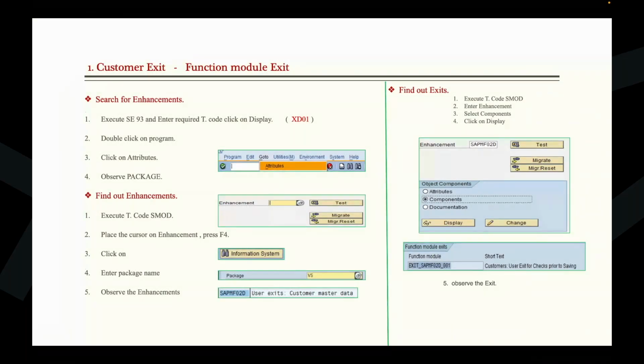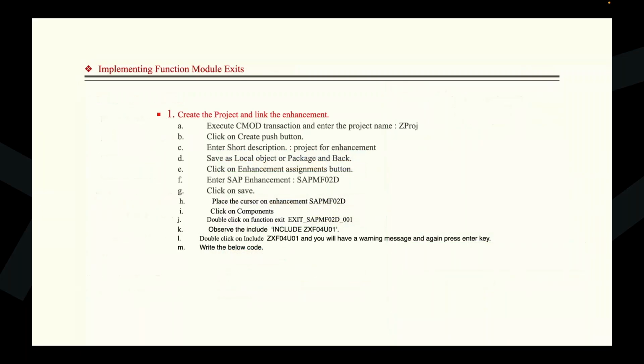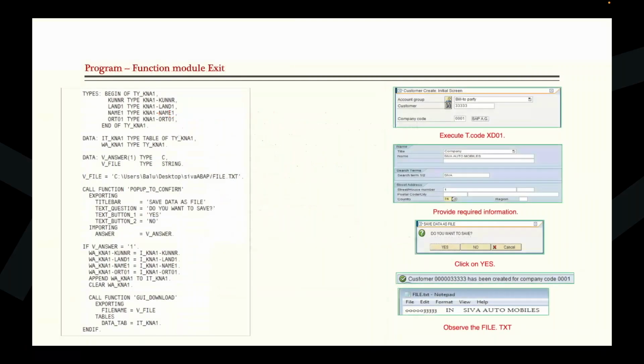So this is customer master data transaction level, some requirement where whatever the data we entered in the screen, whenever user clicks on save, we used to store the data in a flat file. So this is one requirement.